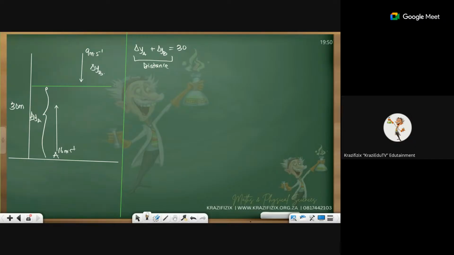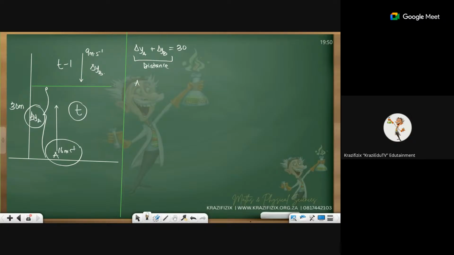Now let's go find delta Y of A. By the way, ball B was thrown 1 second later. That means if A travels t, B will travel t minus 1, 1 second shorter. I have my initial velocity, my time, and my displacement. There's a formula that brings the three of them.